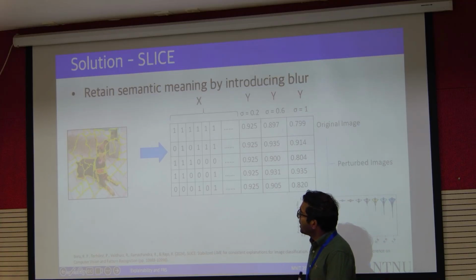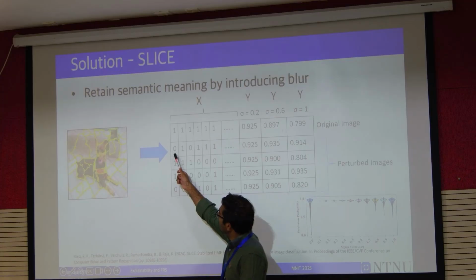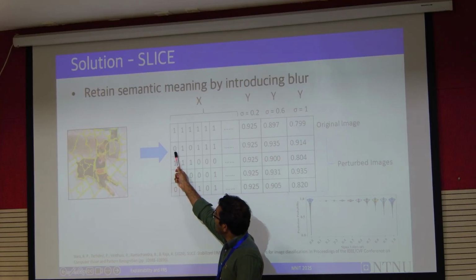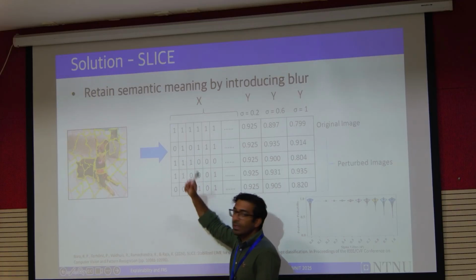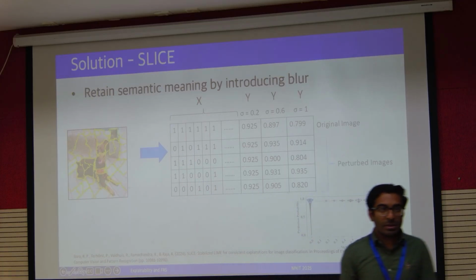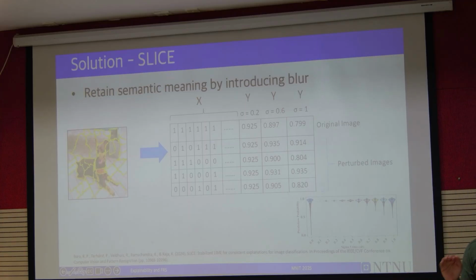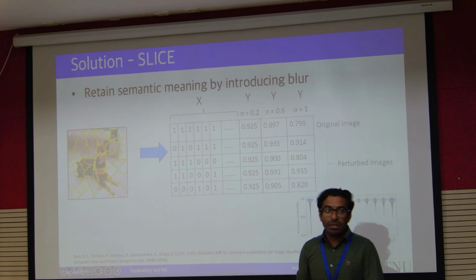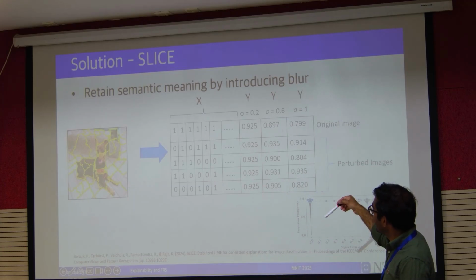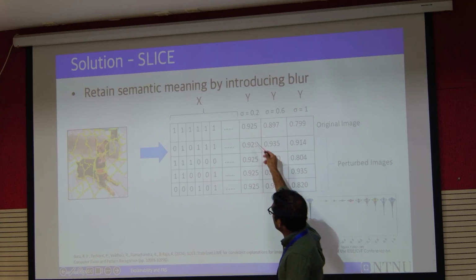Then I make sure that segment number 1 and segment number 3 are taken off, perturbed using the Gaussian blur, and then I see the prediction probability. If I keep on doing that, in one case I see that there is almost no change here.